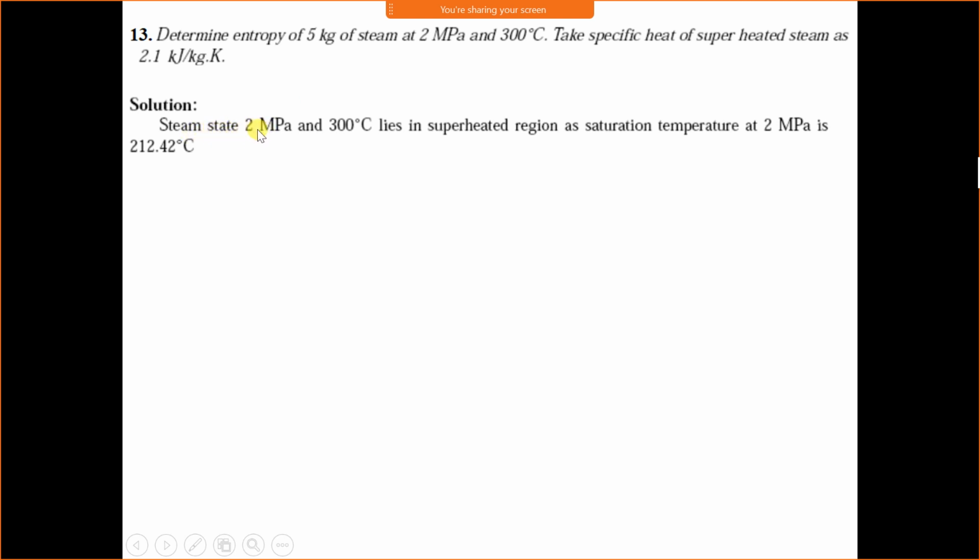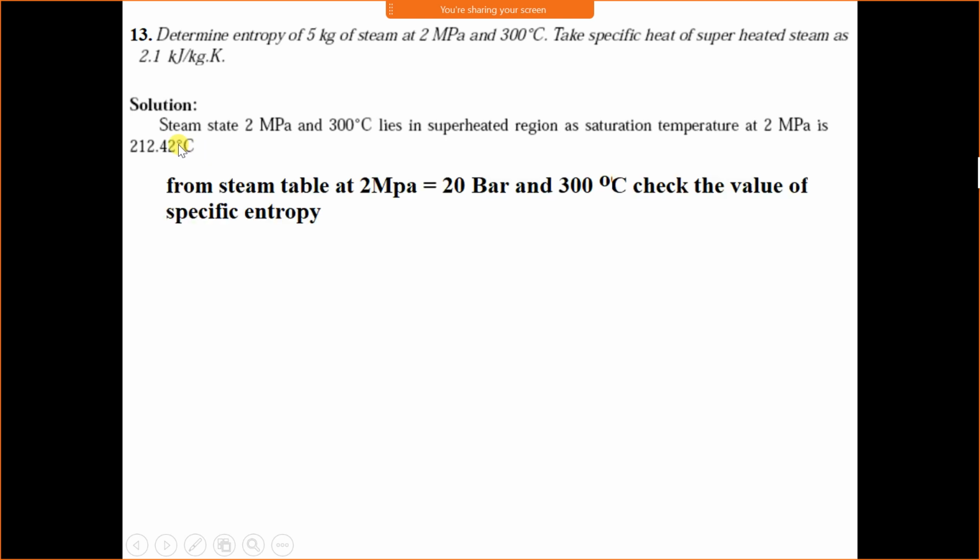The steam state, 2 megapascal and 300 degrees Celsius, lies in the superheated region, as the saturation temperature at 2 megapascal is 212.42 degrees Celsius. From the steam table at 2 megapascal, means 20 bar, and 300 degrees Celsius, check the value of specific entropy.